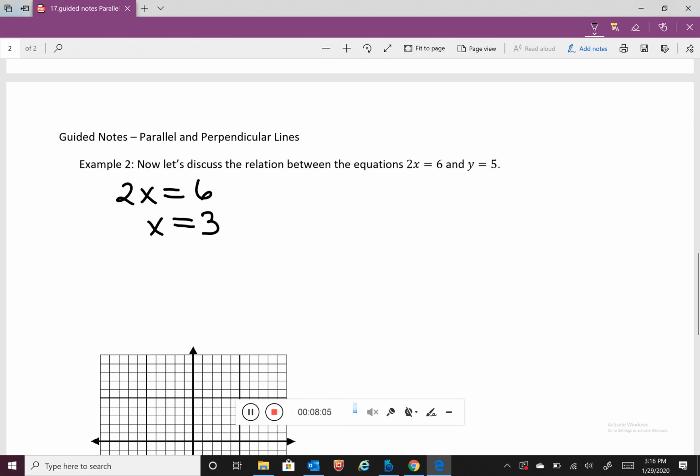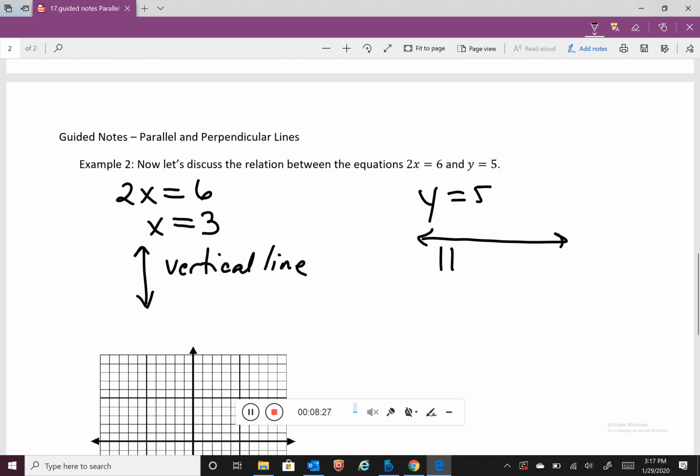Think about the fact that x is 3 no matter what y is, which gives us a vertical line. And then y equals 5. Y equals 5 no matter what x is, so that gives us a horizontal line.